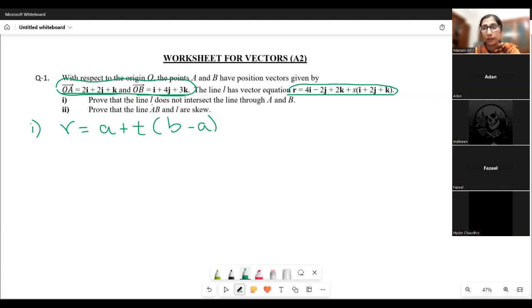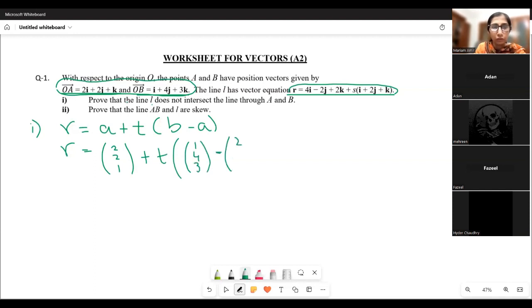So we use the B minus A format of the equation. So r equals the first position vector. I'm going to write this in column vector format: (2, 2, 1) plus t times B minus A, which is (1, 4, 3) minus (2, 2, 1).